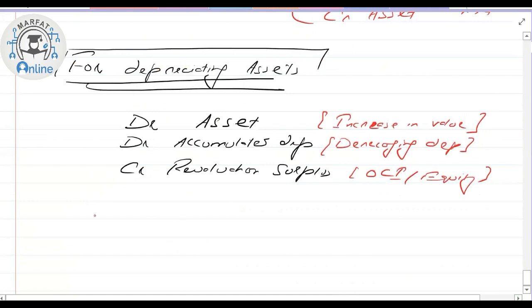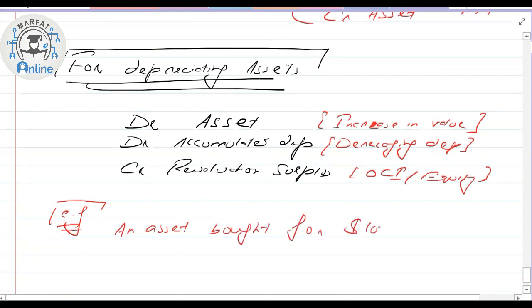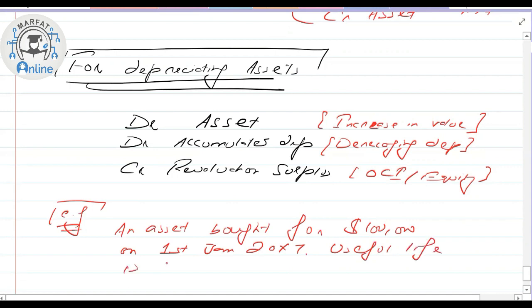Now let's do an example. You can understand it quickly. An asset bought for $100,000 on 1st January 20x7. Useful life is 10 years.